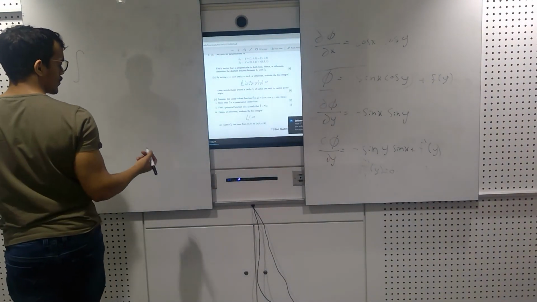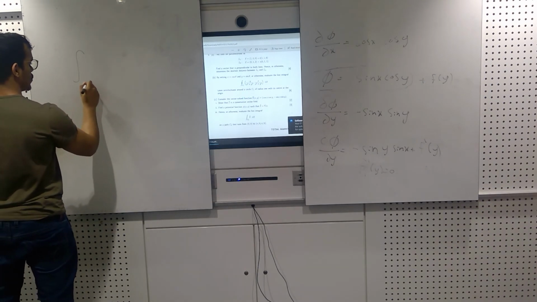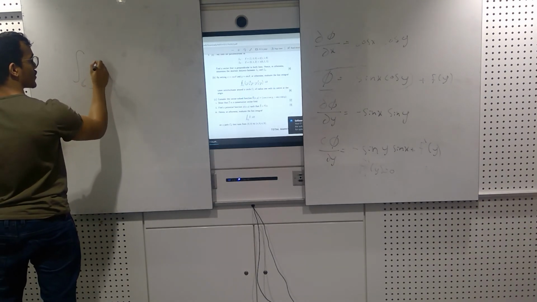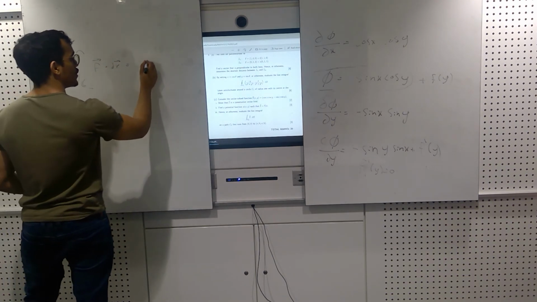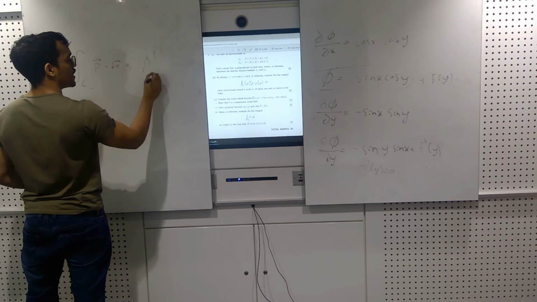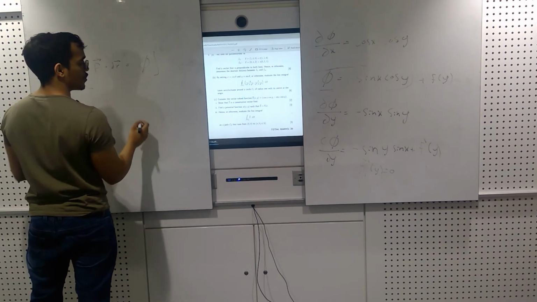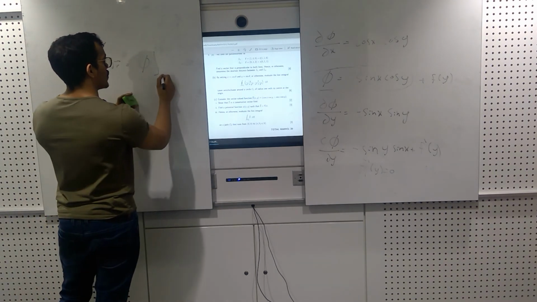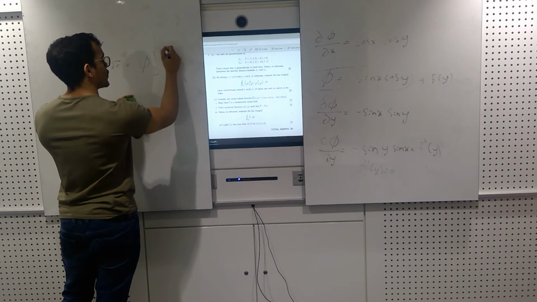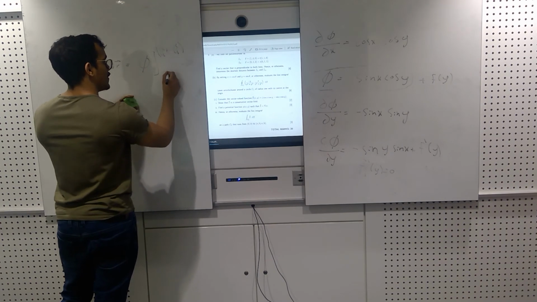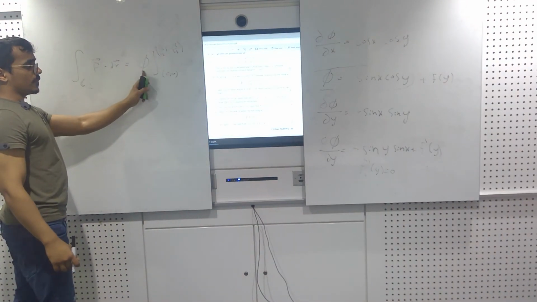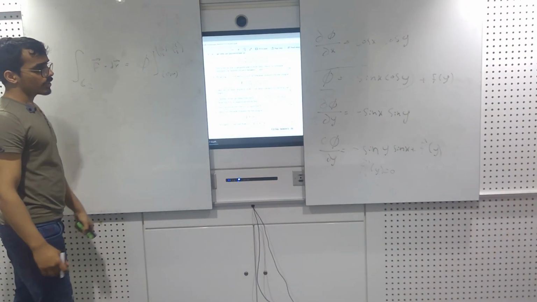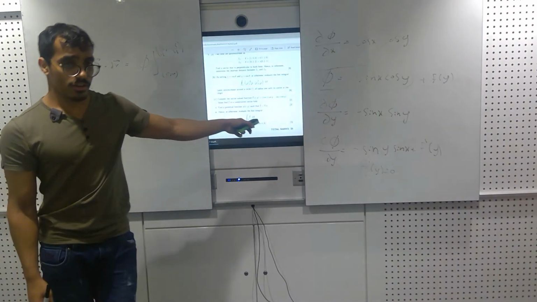If it's not, then it will be the integral over C2 of the function dot dr. We have the potential function, and we evaluate it at the endpoint. So we evaluate it at x equal to pi over 4, y equal to pi over 4, minus the potential of the function at 0, 0. And this thing will be equal to the value of the line integral.